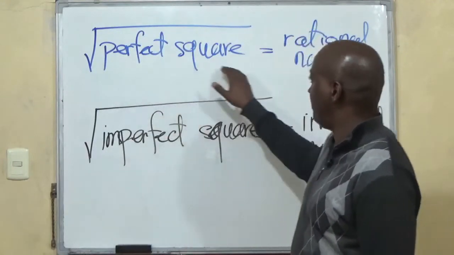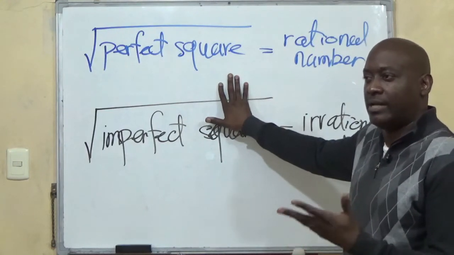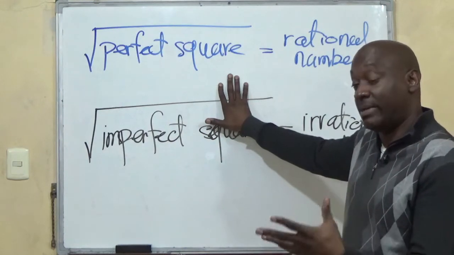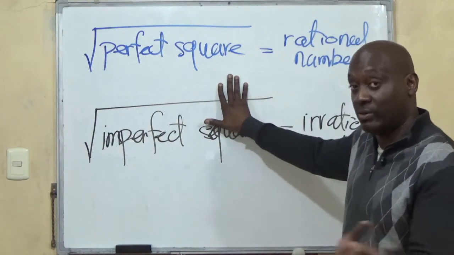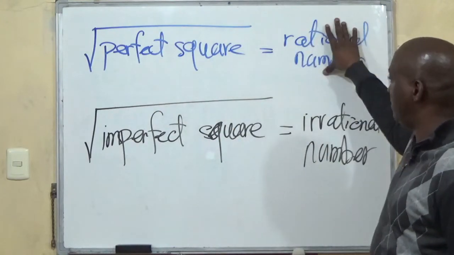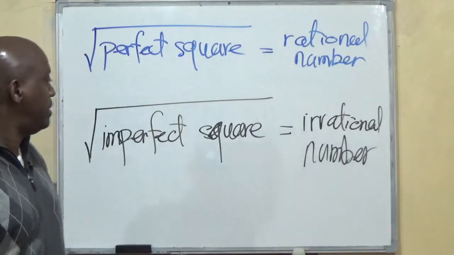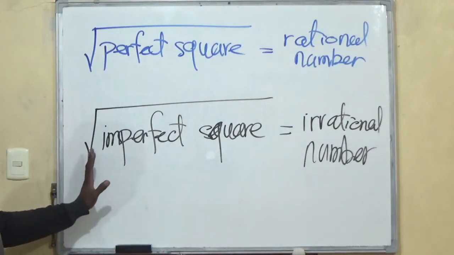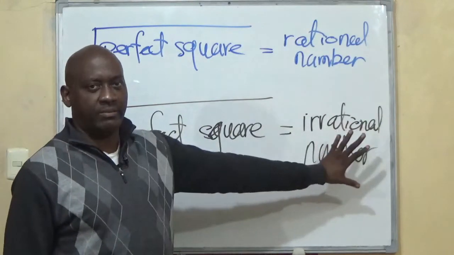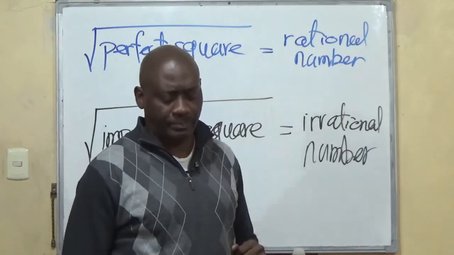So the square root of a perfect square, because by its very nature, a number is a perfect square only if an integer multiplied by itself gives rise to that number. We went through a whole set of examples. So the square root of a perfect square will give you a rational number. And then we also said that the square root of what I refer to as an imperfect square will give you an irrational number. And we also went through a whole set of examples there as well.